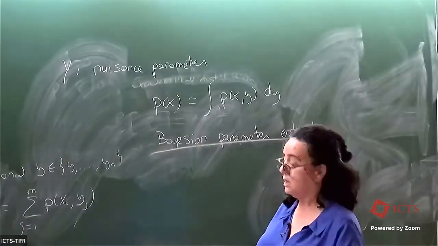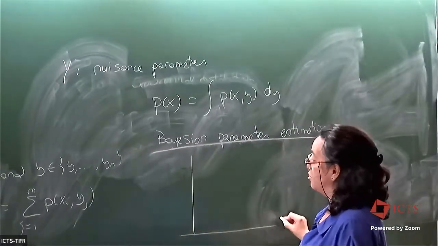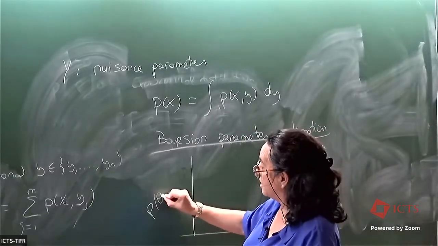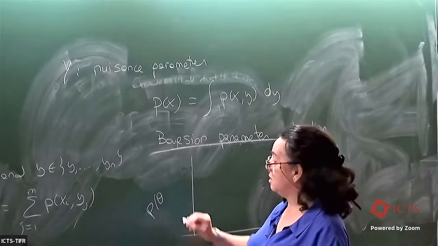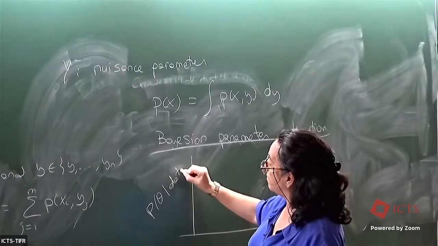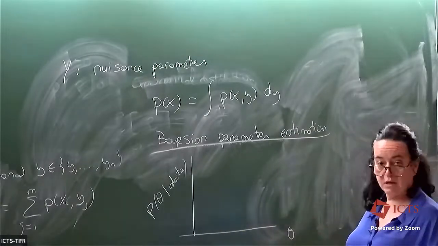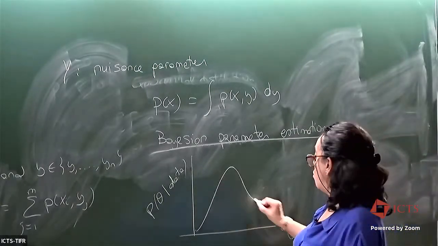So basically, I could have distributions. I could have the posterior distribution of any parameter of my model given the data versus this parameter. This could have whatever shape.